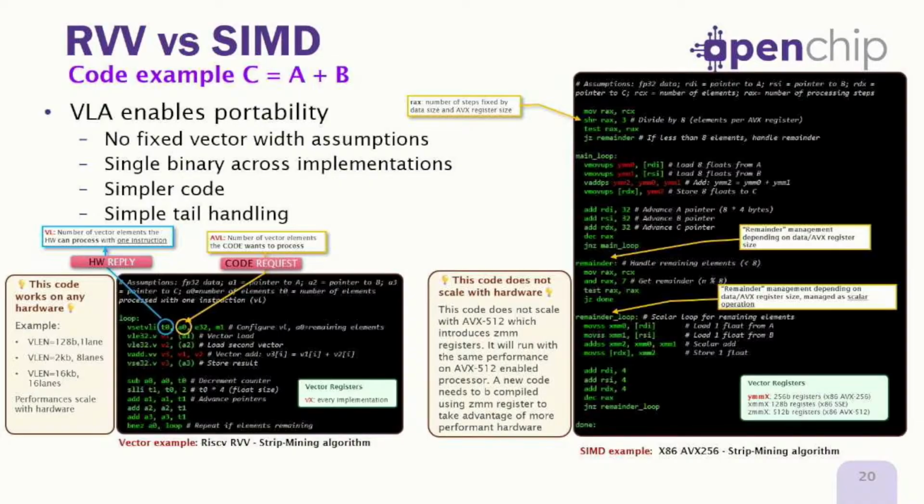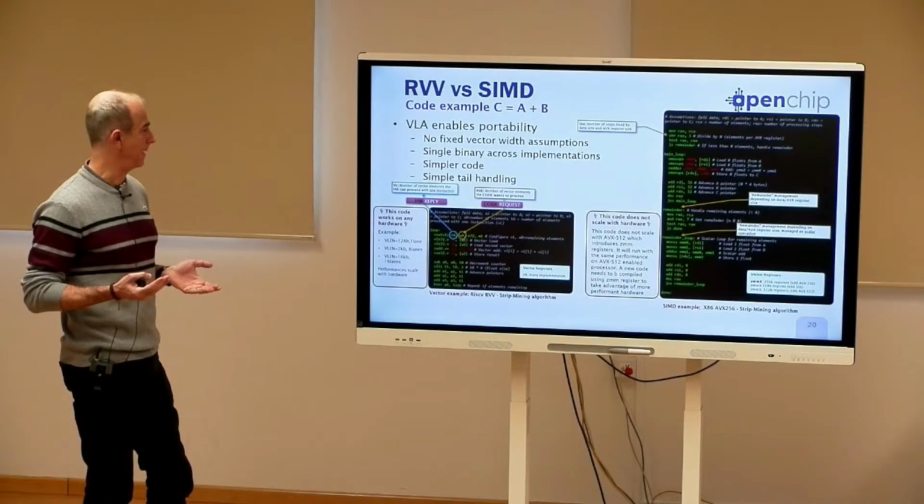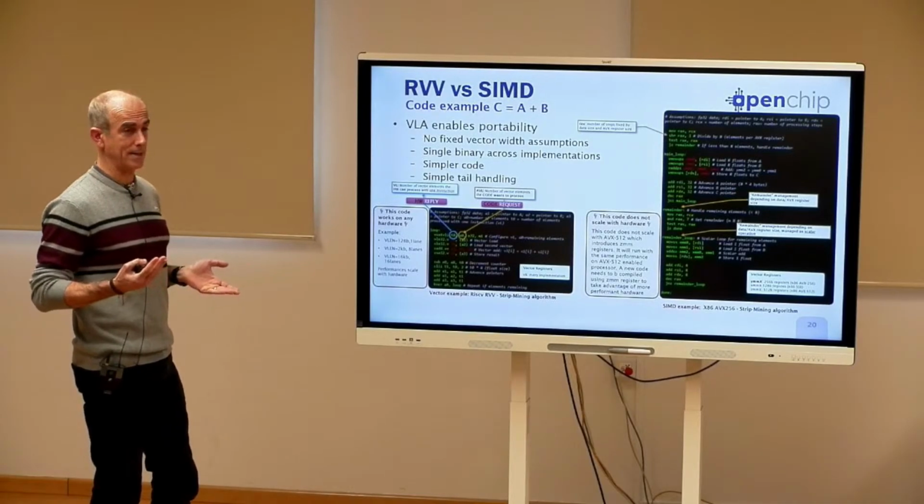In this register, you put the number, very often called AVL, which stands for application vector length. You put the number of elements of the vector you want to do the operation with. It could also be a very big number, even bigger than the maximum number of elements you can put in your vector register in your unit. And the hardware replies in this register with the number of elements it can process with every instruction.